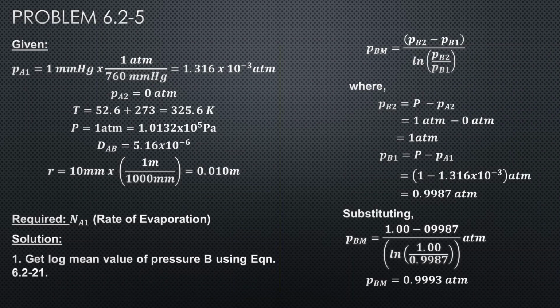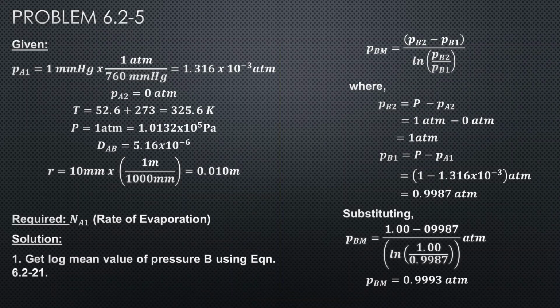The surrounding pressure is given as 1 atm, converted to Pascal to be 1.0132 times 10 to the power of 5. The diffusivity of naphthalene at 0 degrees Celsius is given as 5.16 times 10 raised to negative 6. The radius of the naphthalene sphere is 10 mm, converted to meters to become 0.010 meters. The required is the rate of evaporation, denoted as N sub A1, or the total flux.